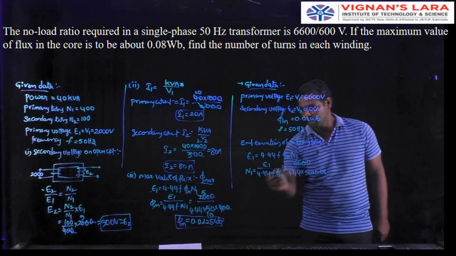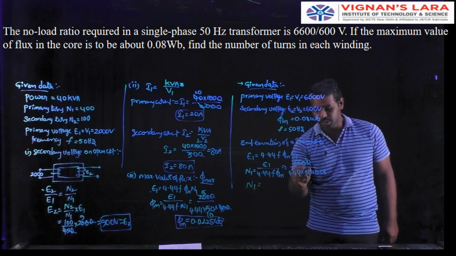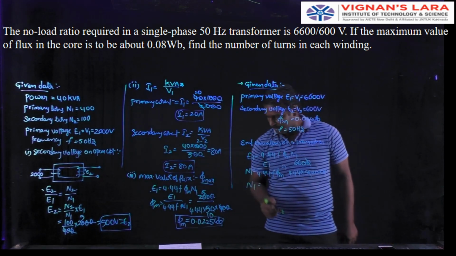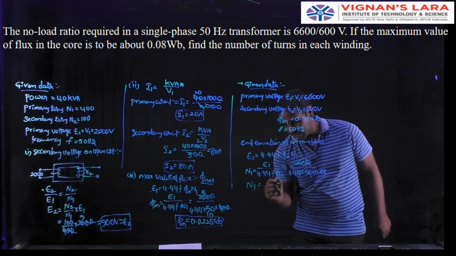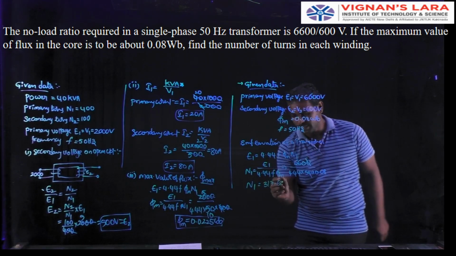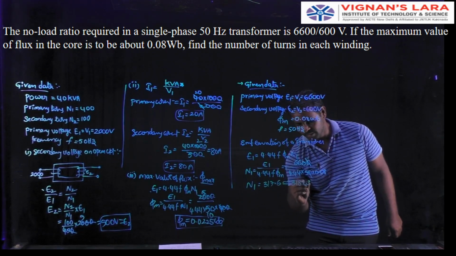So N1 is equal to 317.6, approximately 318 turns.